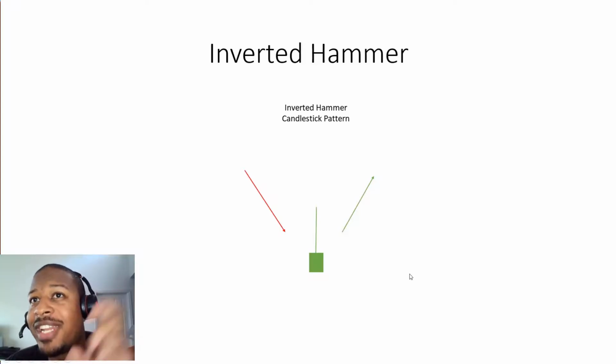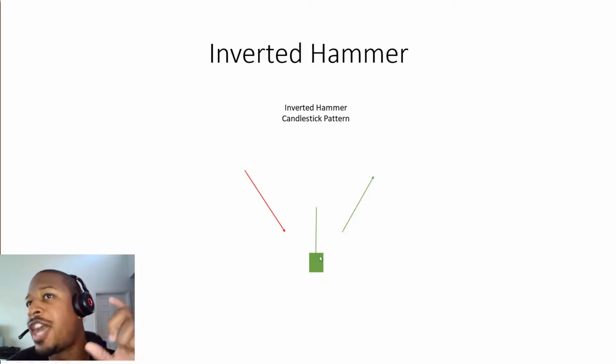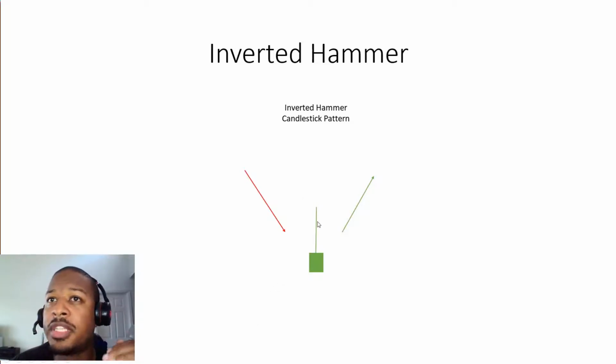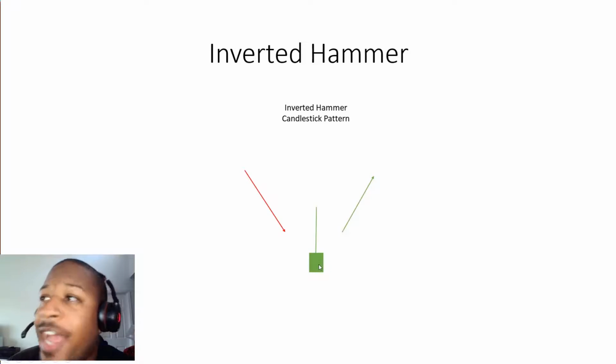The real body is located at the bottom, and the long upper shadow is right above it. It's typically formed when the open and close prices are near each other, and the shadow is twice the size relative to the body. So you can see this shadow is probably two times as much as the actual body of the candle. Pretty simple.